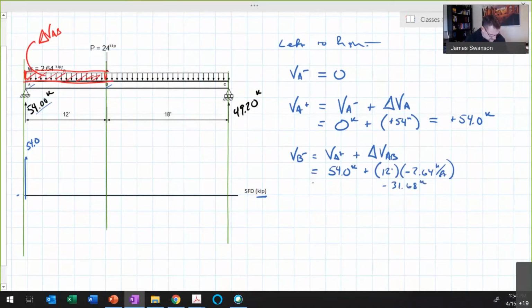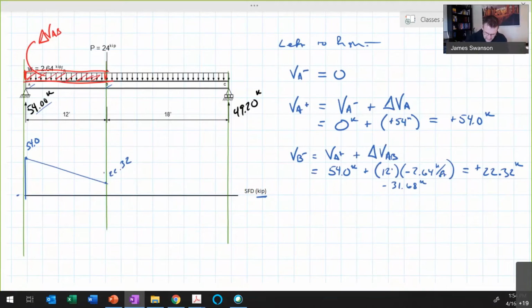If we take 54 minus 31.68, that gives us a positive 22.32 kips. So we go from 54 there using an approximate scale. That's going to be about 22.32 there. So go ahead and label that 22.32. I'll use my straight edge and sketch that line. All right.